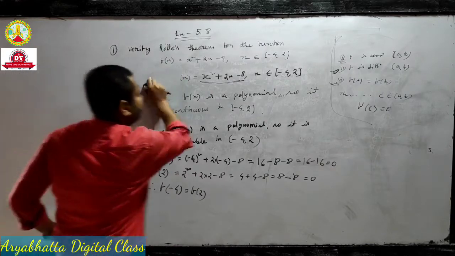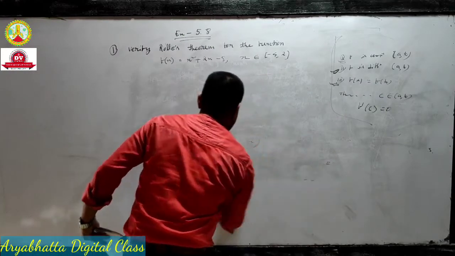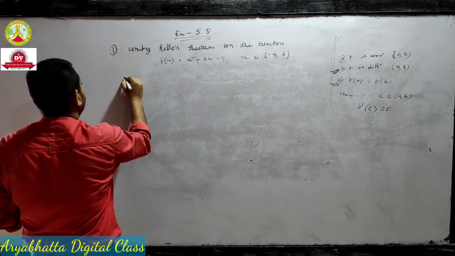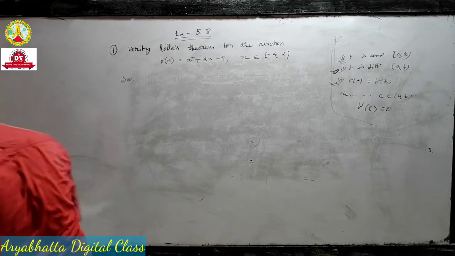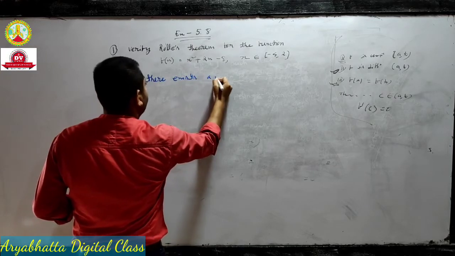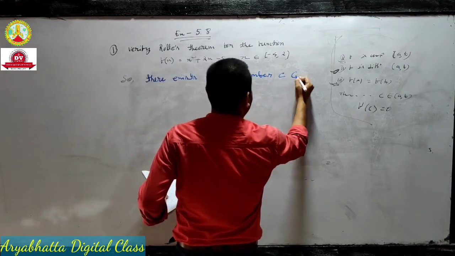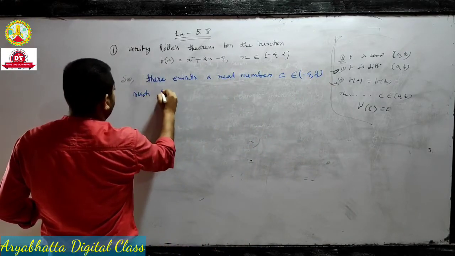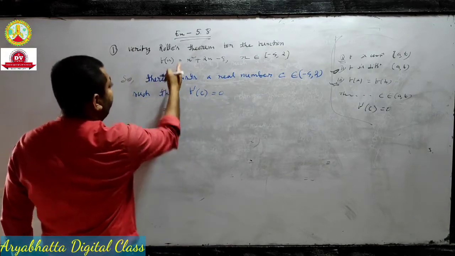So there exists a real number c belongs to open interval minus 4 comma 2 such that f dash c equal to 0.